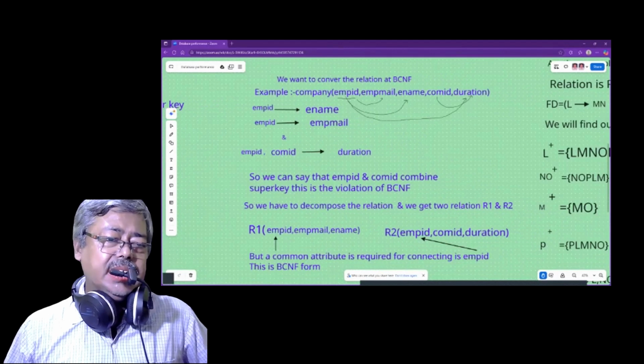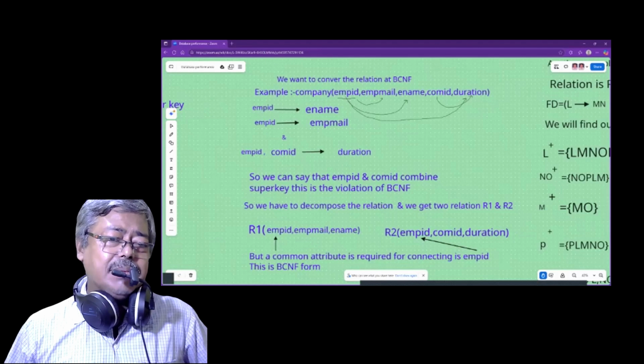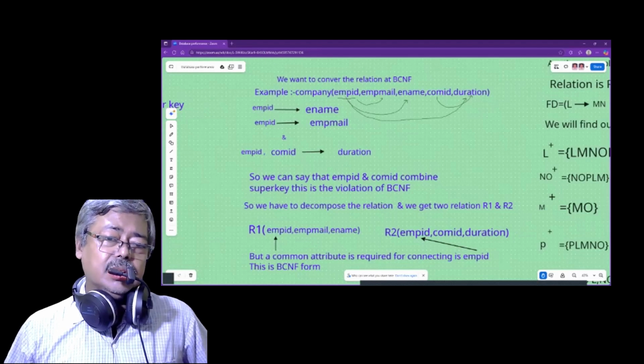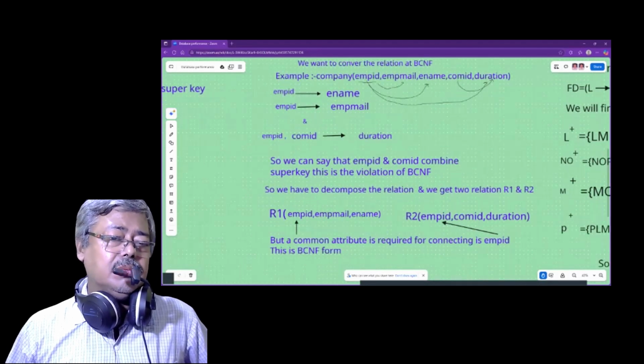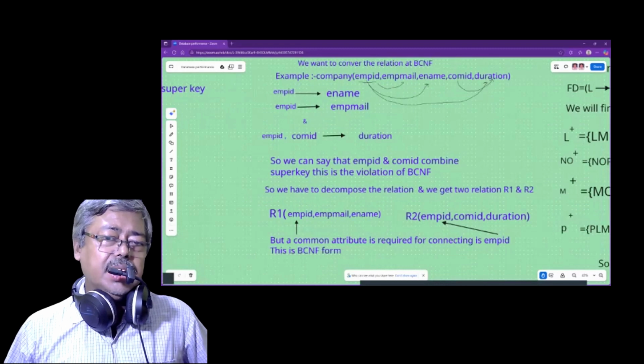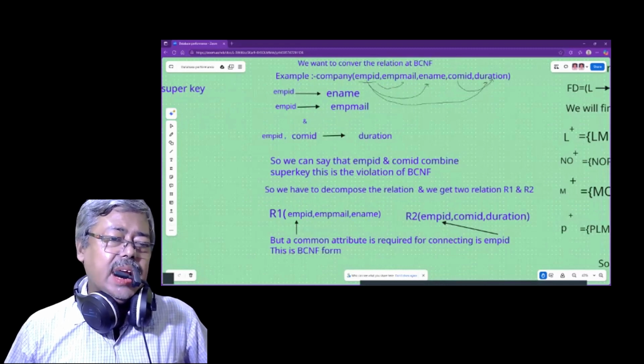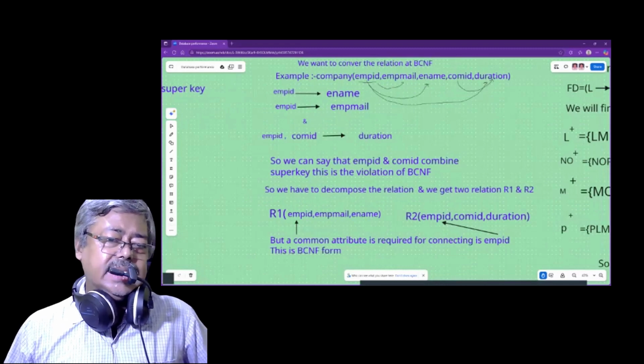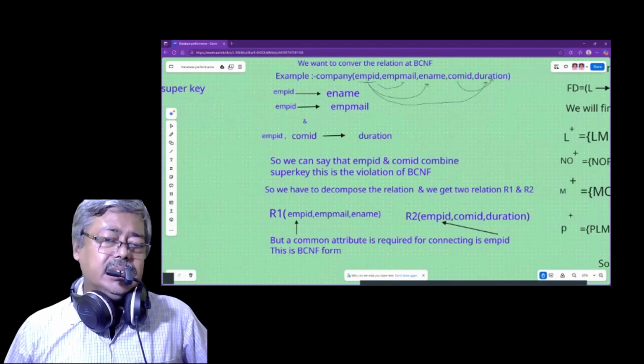The EMP ID and COM ID, company ID, together identify the duration, the period of working of the workers. So duration depends on both keys, EMP ID and COM ID, which combined form the super key.